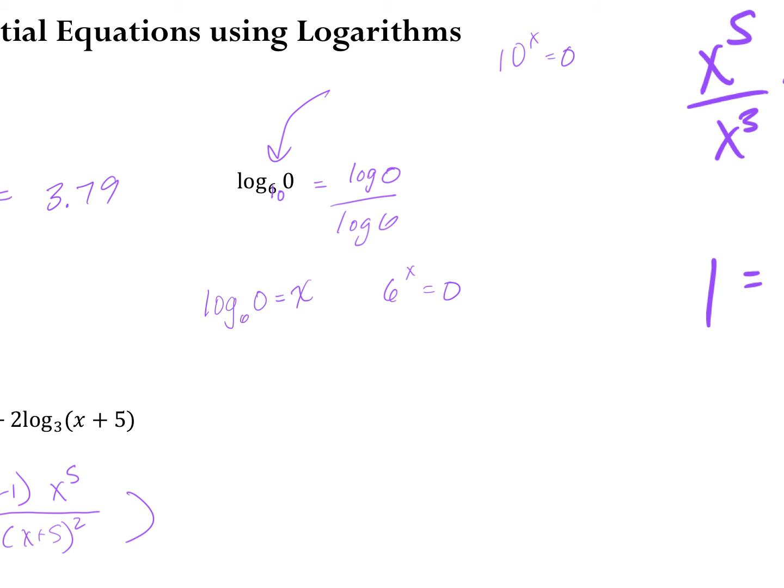No. So this was no solution. When we say log base anything of 0, it is undefined, because it doesn't matter: something to a power cannot equal 0. It's impossible.